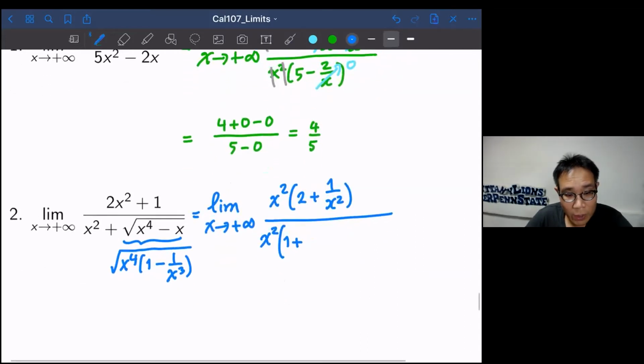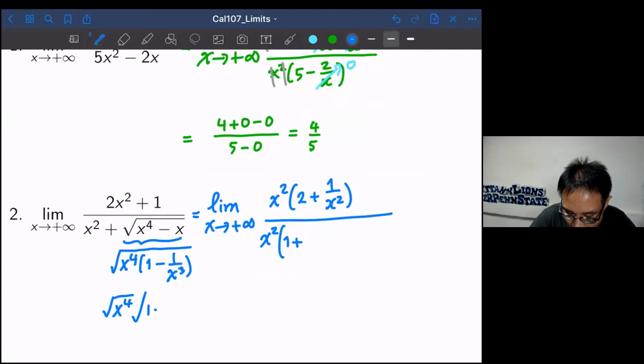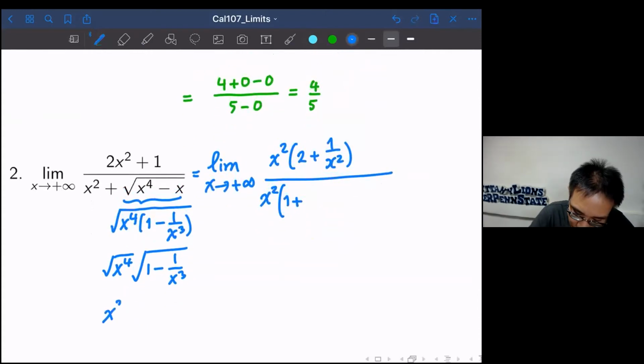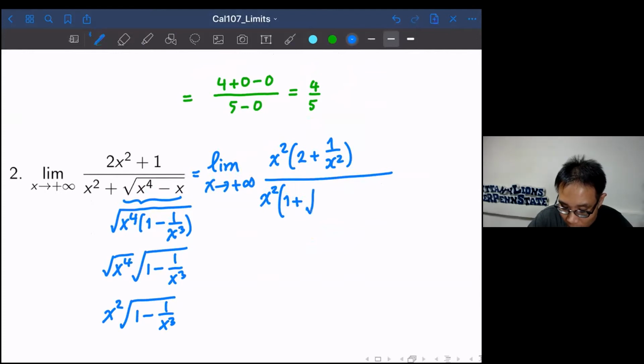So this will be the square root of x to the fourth times the square root of 1 minus 1 over x cubed, and the square root of x to the fourth is x squared. So you pull out x squared, and you get the square root of 1 minus 1 over x cubed.